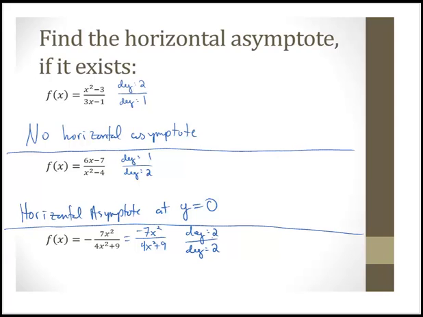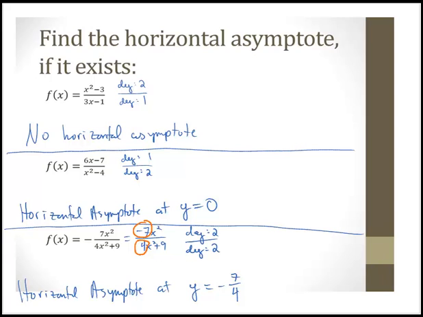Since the degrees are equal, I will have a horizontal asymptote at y equals the ratio of the lead coefficients. So I have a negative 7 in the numerator and a 4 in the denominator. So y equals negative 7 over 4.